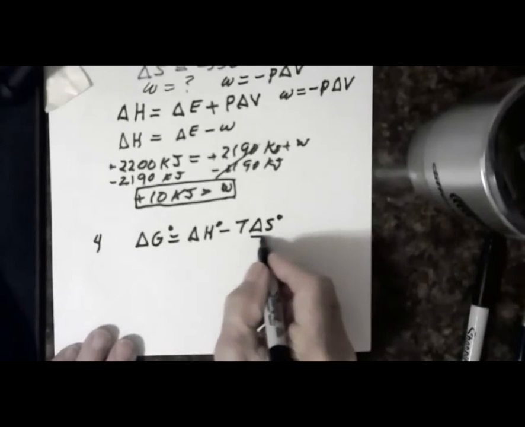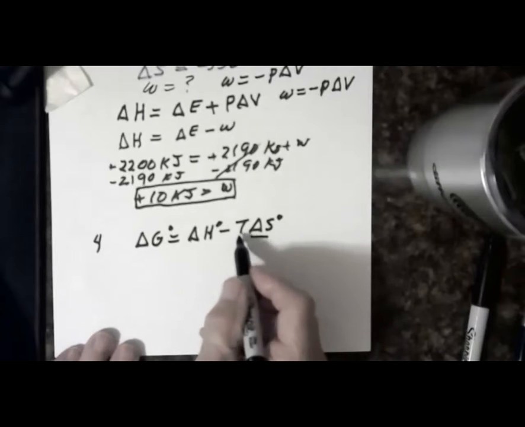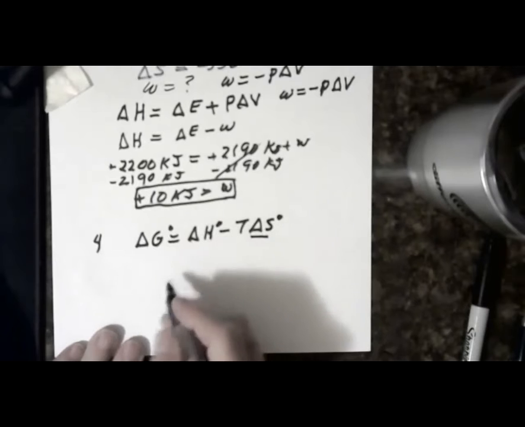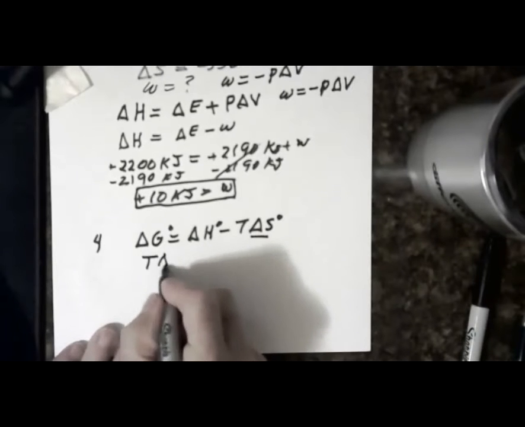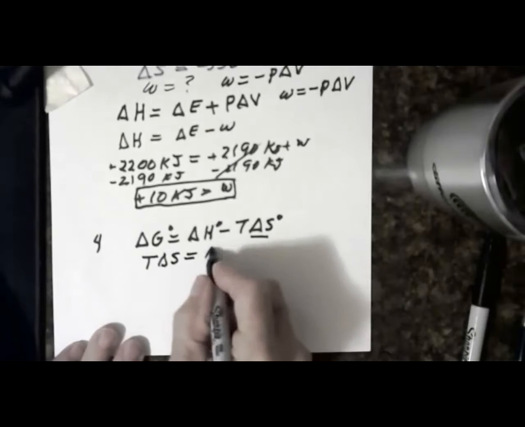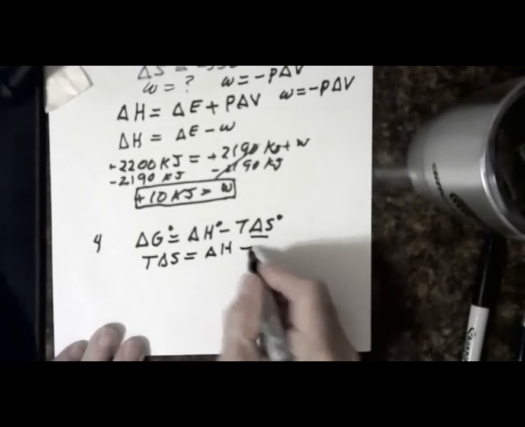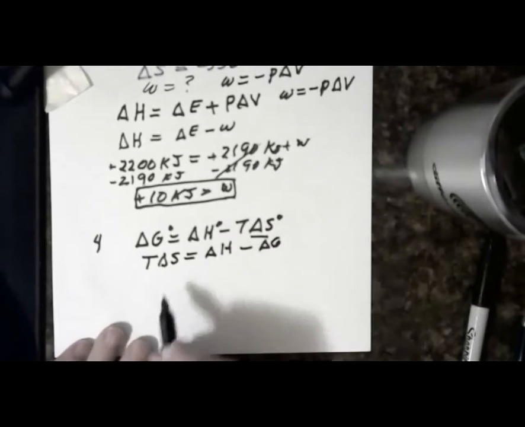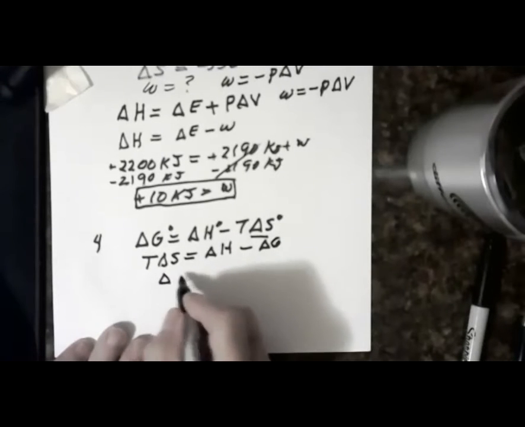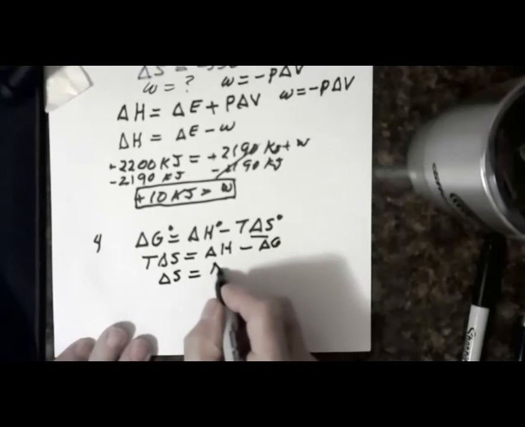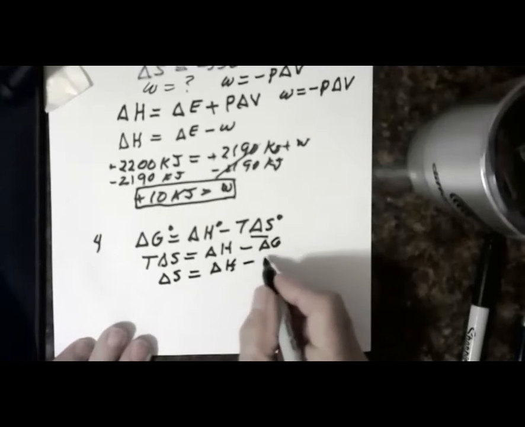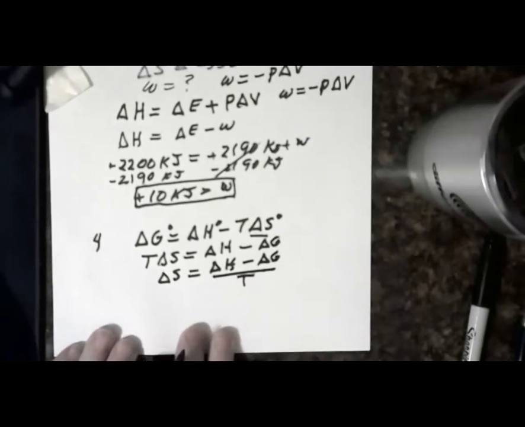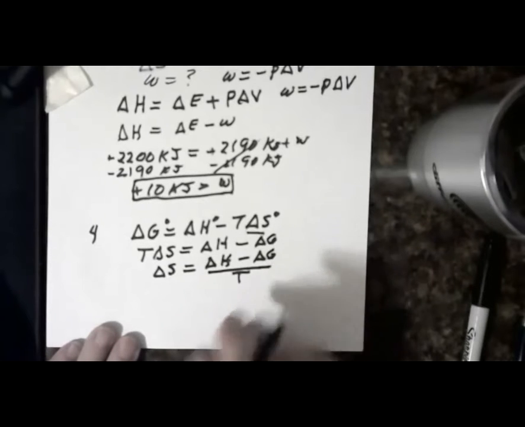If I want to get delta S by itself, then I can transfer the T delta S over to the left side and the delta G to the right side, and I would get T delta S is equal to delta H minus delta G. And so delta S is going to be delta H minus delta G divided by T.